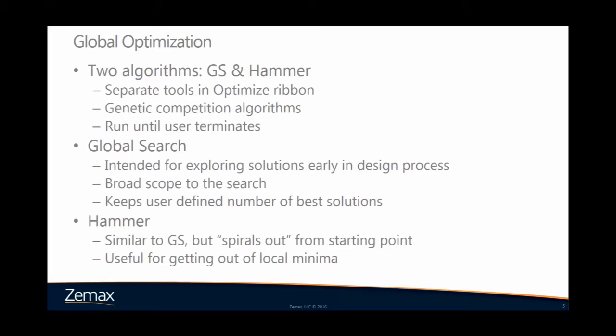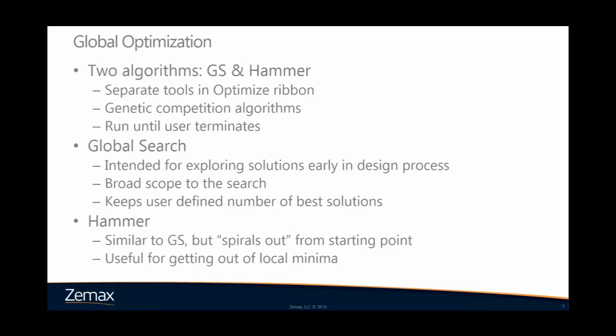Both of these algorithms will run until the user manually terminates them. And in any reasonably complex system, they're best left to run for long periods of time, hours or even days or longer. The difference between the algorithms is primarily in the scope of their search.